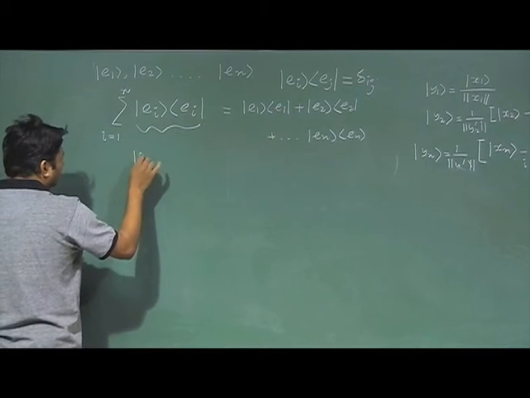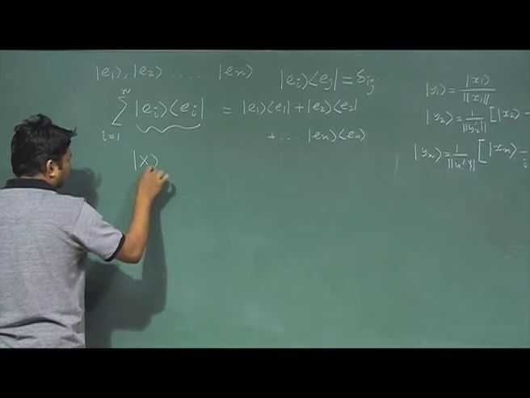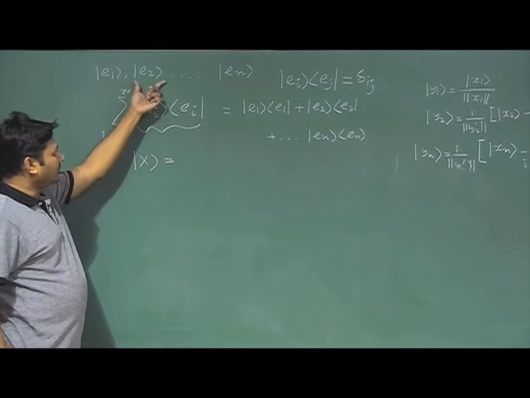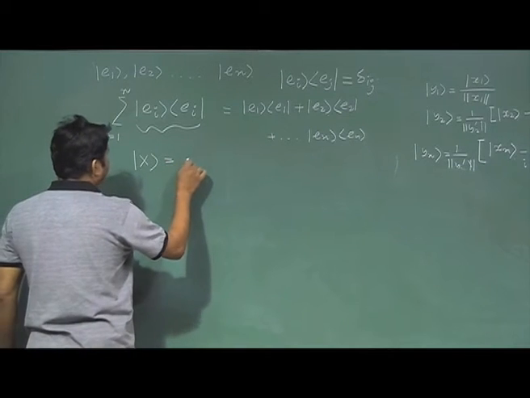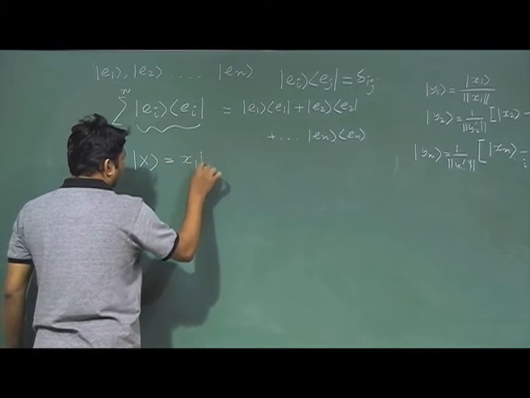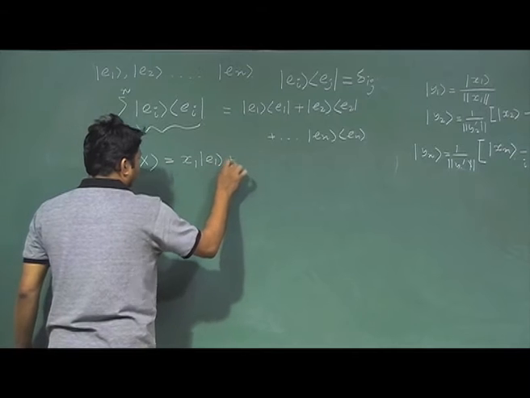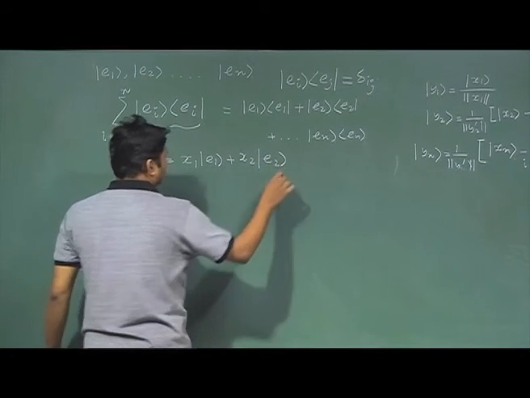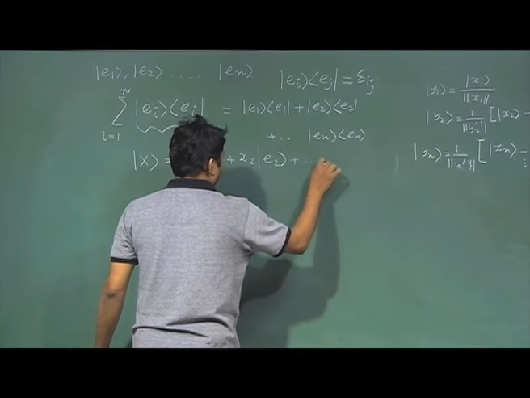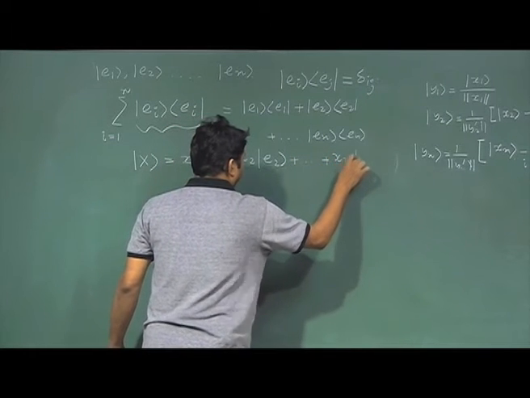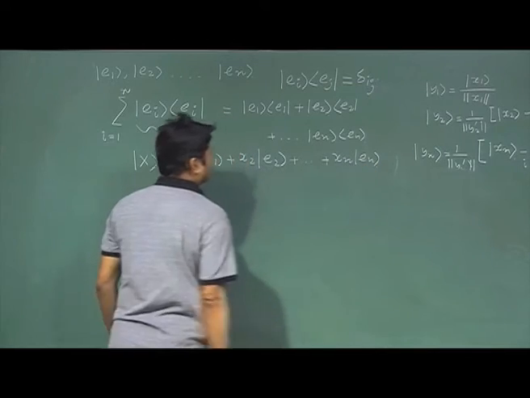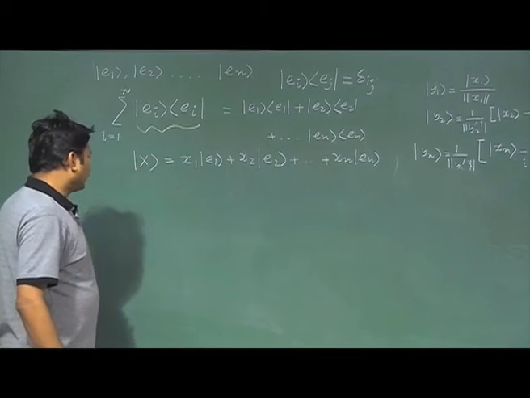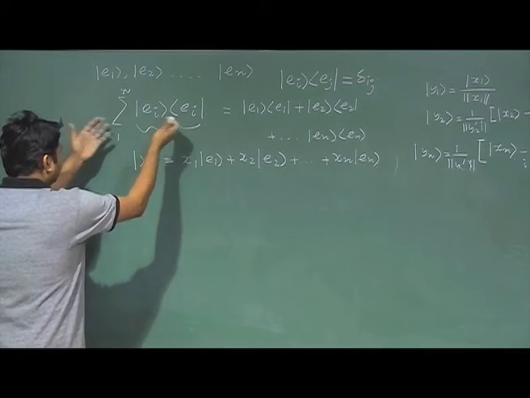So, what I will do is take a vector x. This vector can be decomposed by this basis: e1, e2, up to en. So, this is the decomposition of this vector along the basis. Now, I need to use this over that.